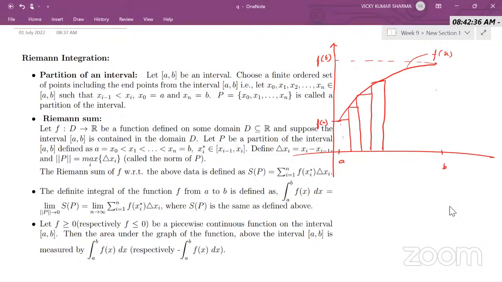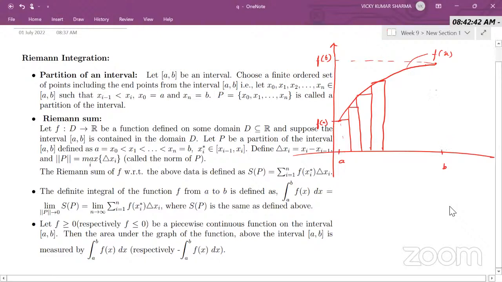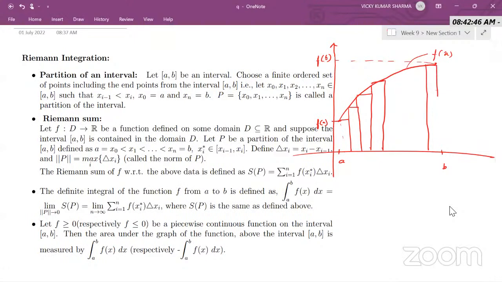Likewise, you go till here. Maybe I can just draw one more rectangle over here. So we know the formula for finding the area of a rectangle, right?